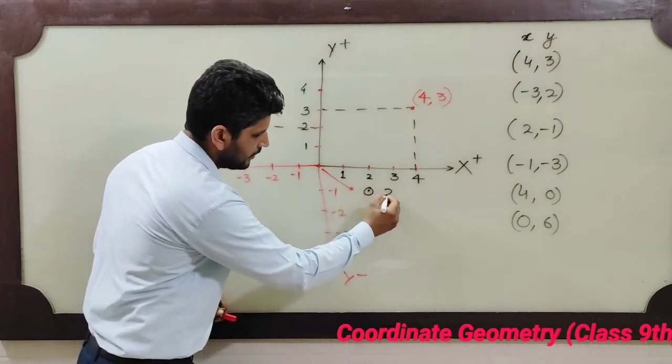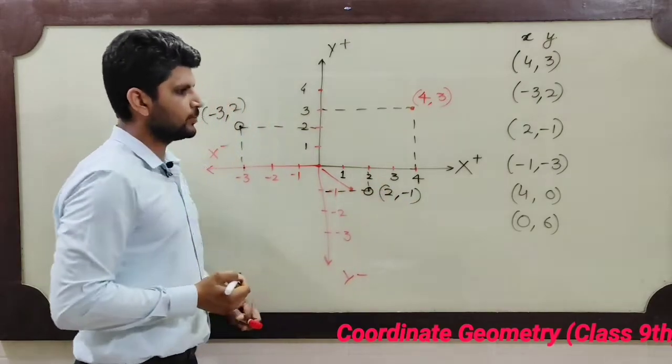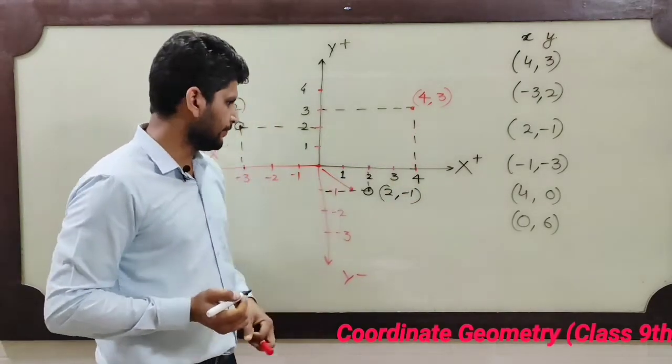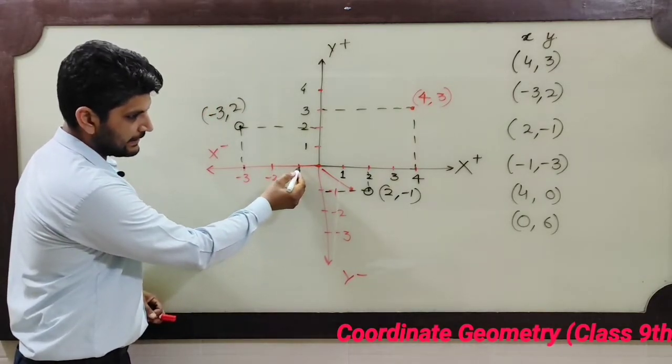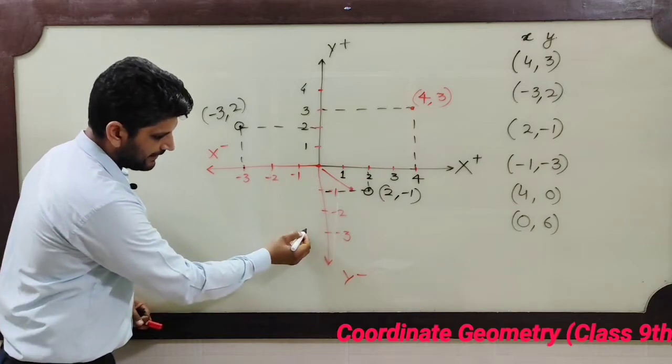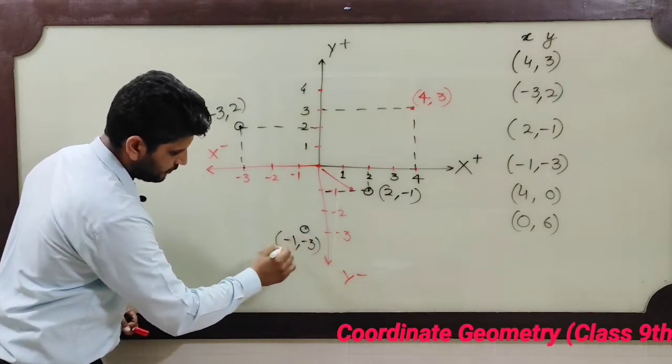This point is 2, -1. Fourth point, -1, -3. From the origin, -1 toward the x-axis and -3 downward toward the y-axis. Here is our point -1, -3.